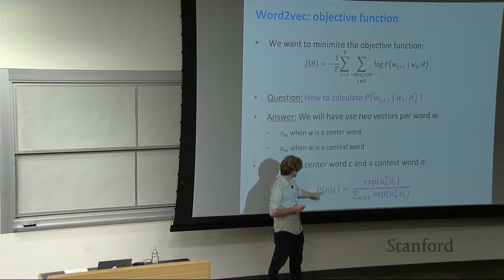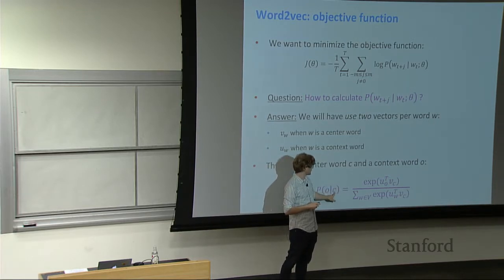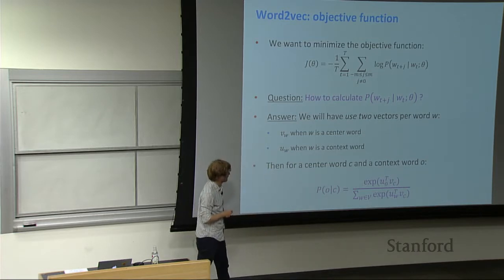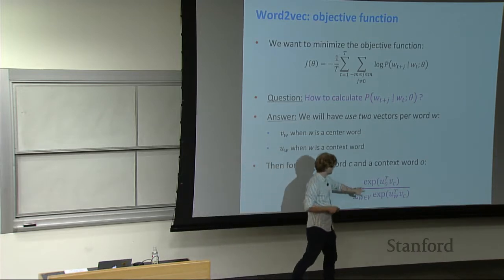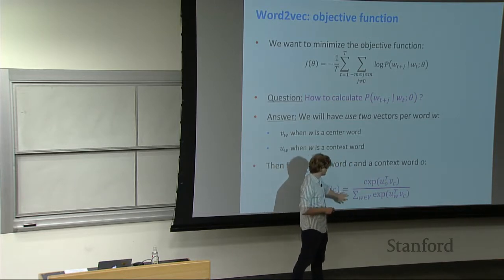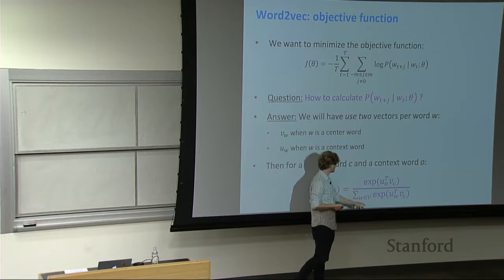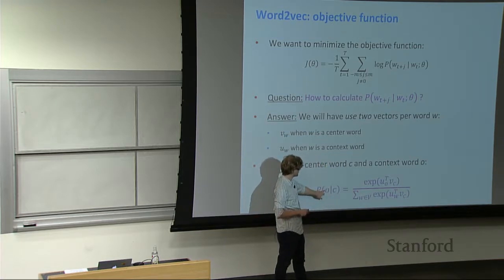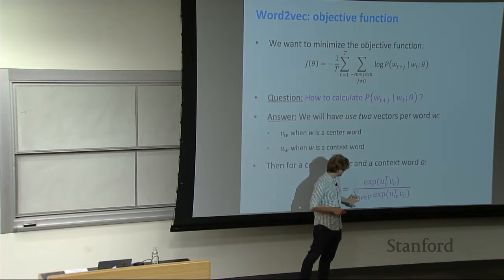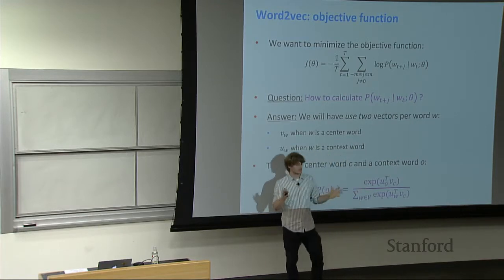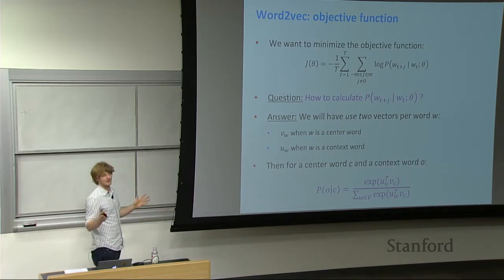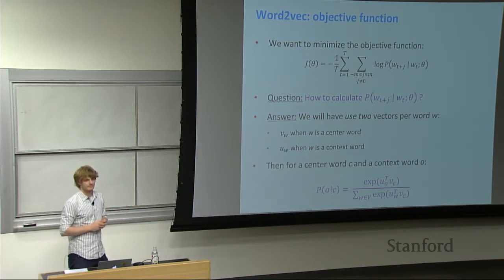So the probability of an outside word given the center word will be computed with this equation, where we basically take the exponent of an inner product between these 2 vectors. And then we will normalize across the entire vocabulary. We want to maximize that this word appears given that center word in the window, but we want to normalize this to a probability, and we'll sum over all other possible words that could also be there, but aren't.